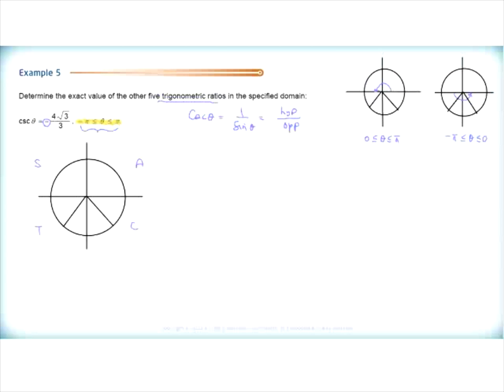Let's do that. Now then, let's drop a perpendicular here. Again, we've said that the cosecant of the angle is equal to hypotenuse over opposite. The hypotenuse is 4 root 3.